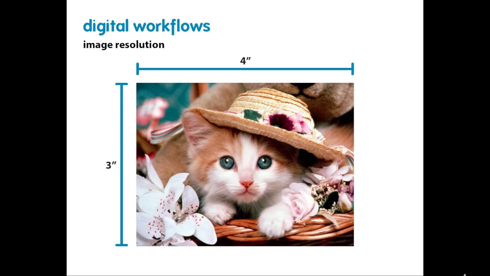So how you compute the necessary pixels is by deciding on the final size that you want the image to be. So if I was designing, let's say, a poster, and I wanted to include this image and have it be 4 inches wide by 3 inches tall, I would just multiply those numbers by 270 DPI, and that's going to give me the minimum number of pixels necessary in order to print a high-resolution image.